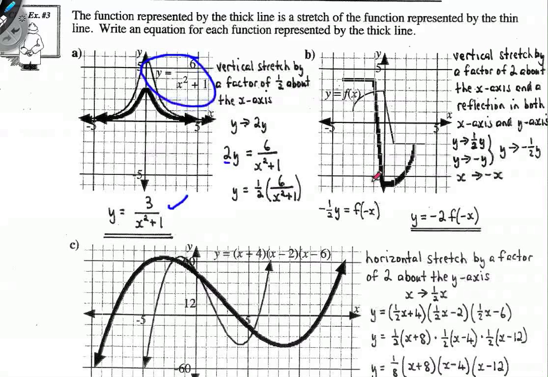So it looks like you've got two things. It looks like a reflection in the y-axis and then a reflection in the, yeah, not sure what that is. I have to think about that one.